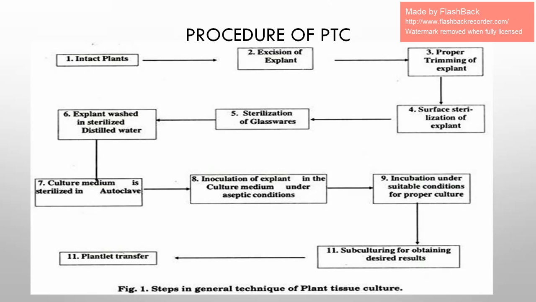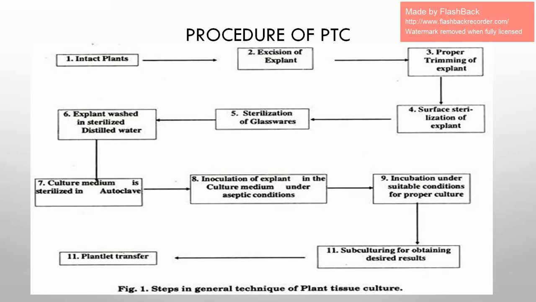Before that, we should prepare the MS medium first. MS medium, what is MS medium? It is the Murashige and Skoog medium, and it provides the carbon and nitrogen sources and some vitamins, some amino acids, and some phytohormones.